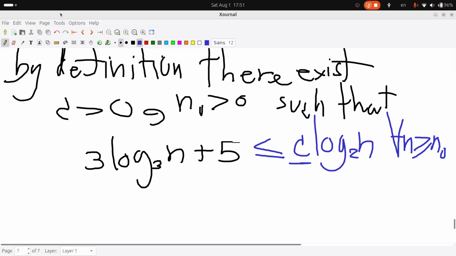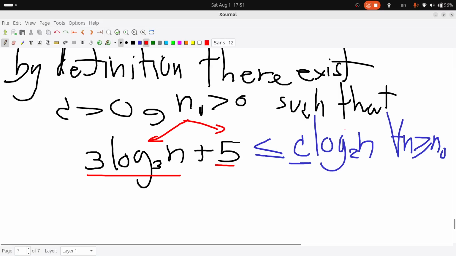Since the two expressions are not both log n base 2, we will try to transform this one to log n base 2, and we can prove it like the theta notation.